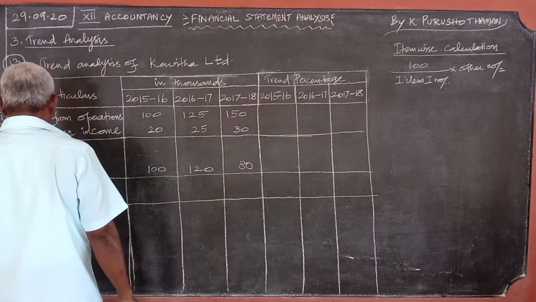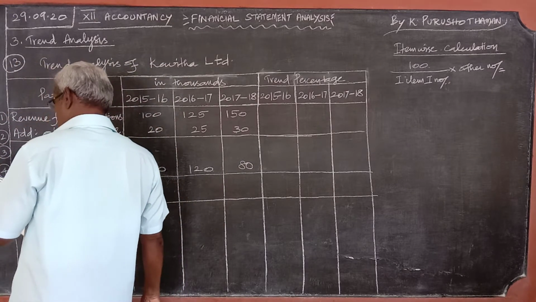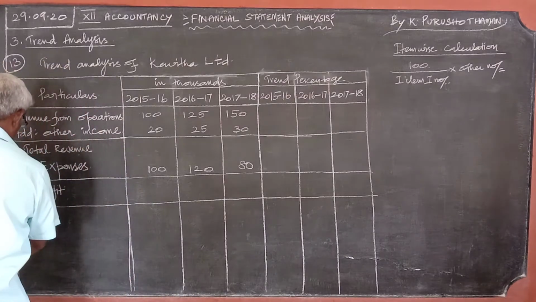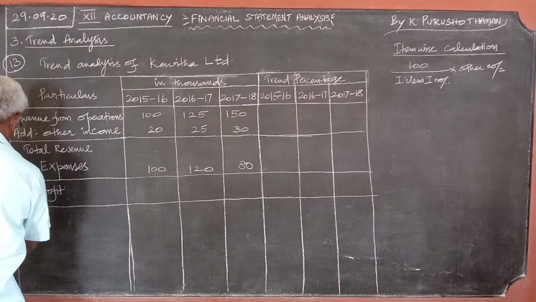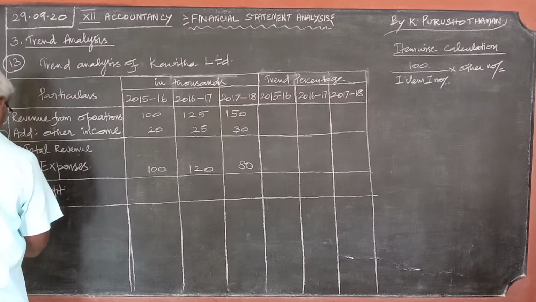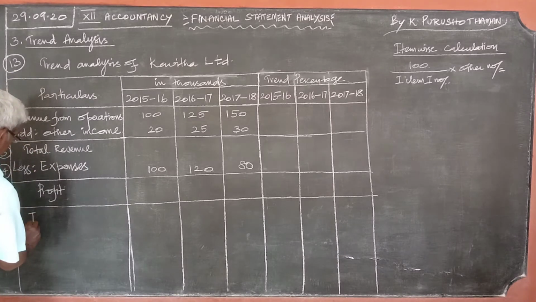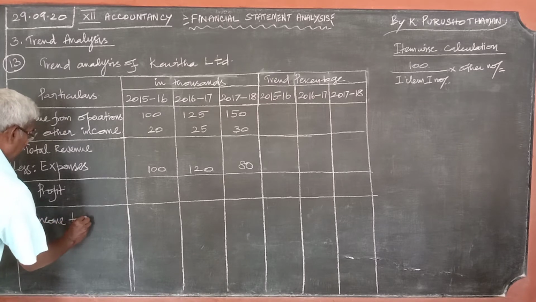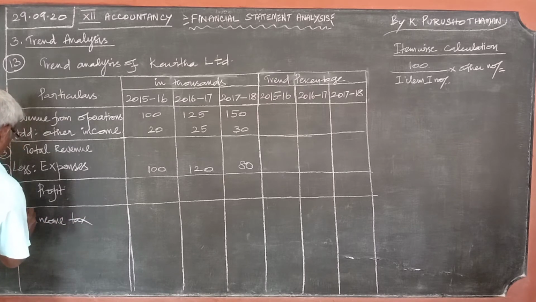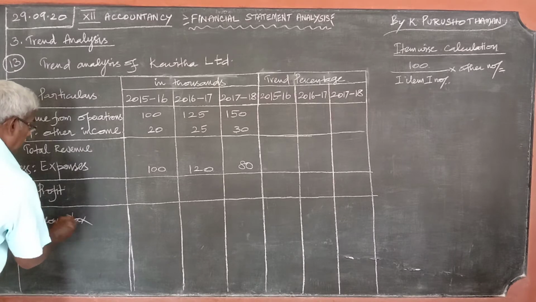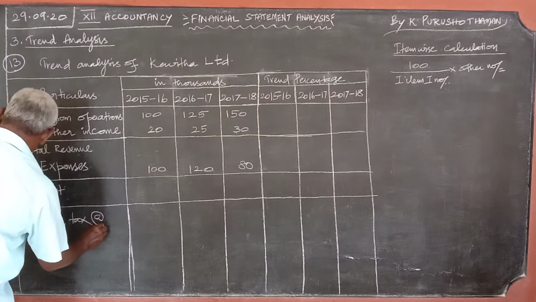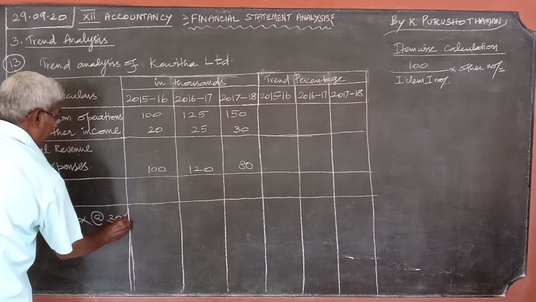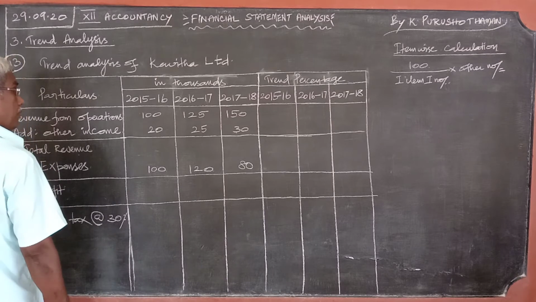The other things we should find, and we can do the rest of the problems. And income tax we should find, less income tax at the rate of 30%. This is an additional work what we must do.